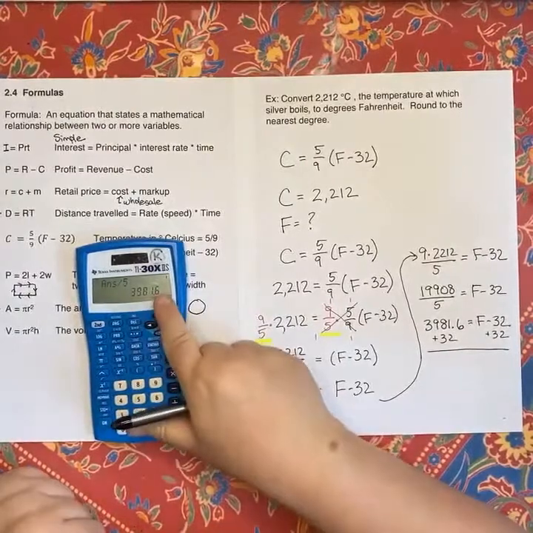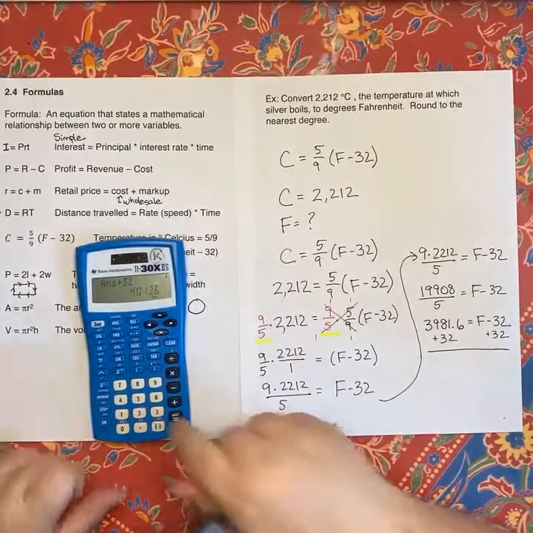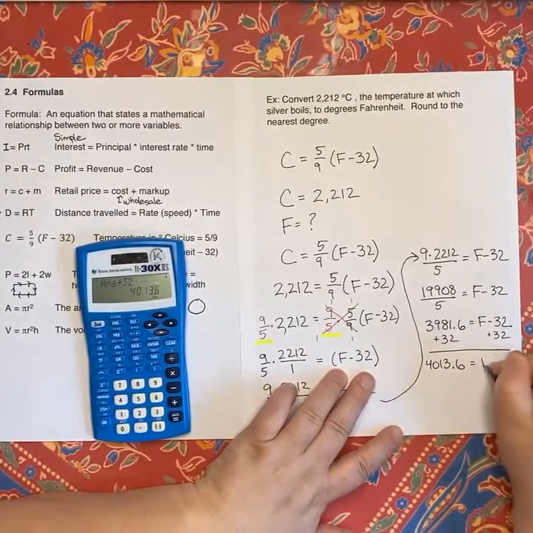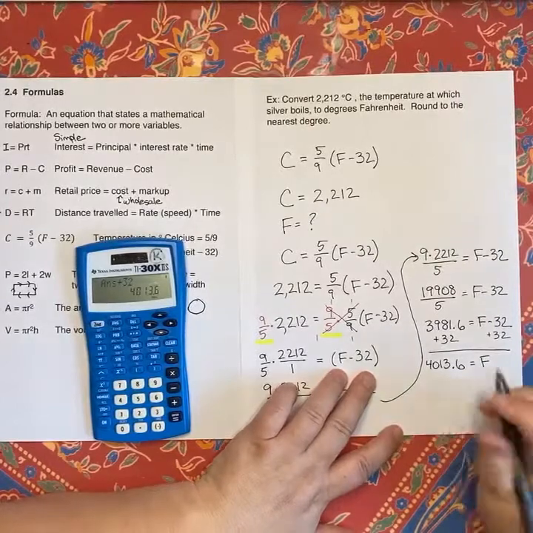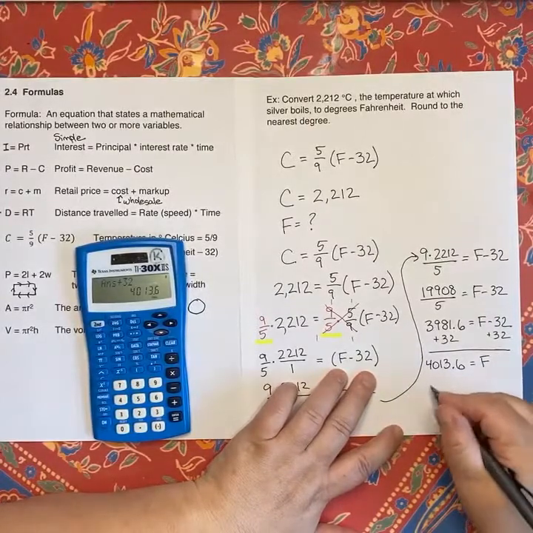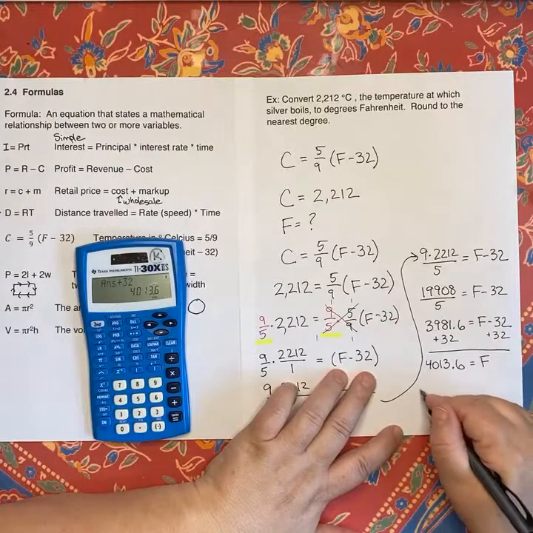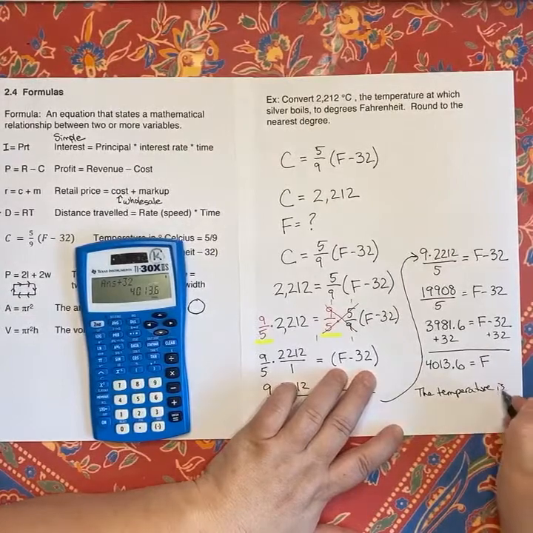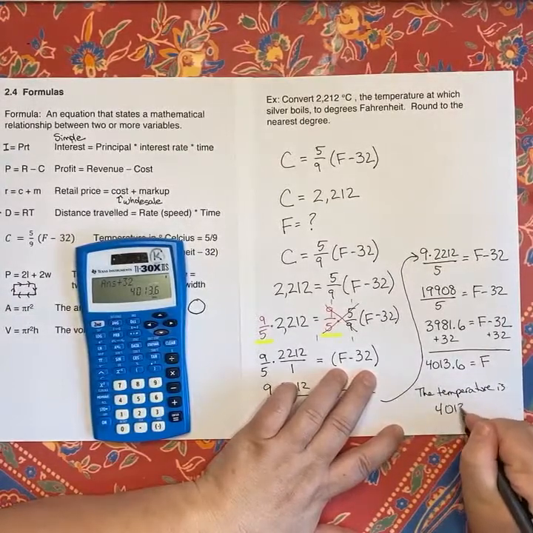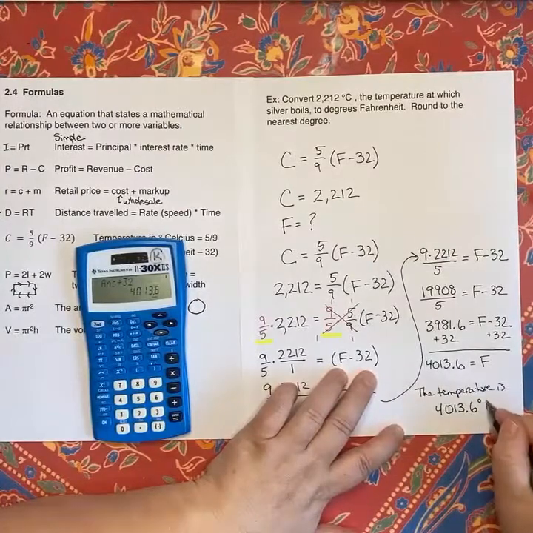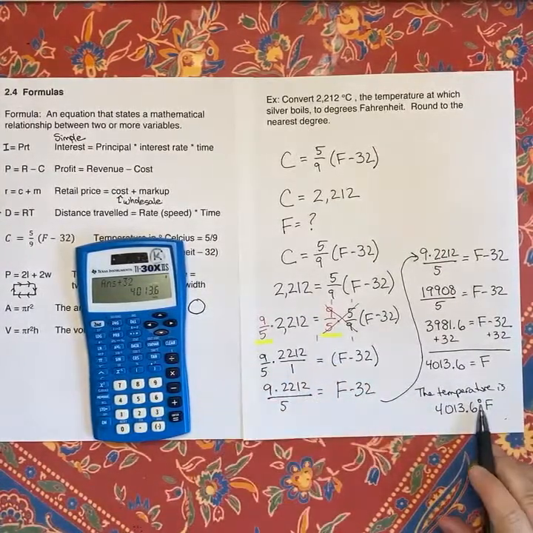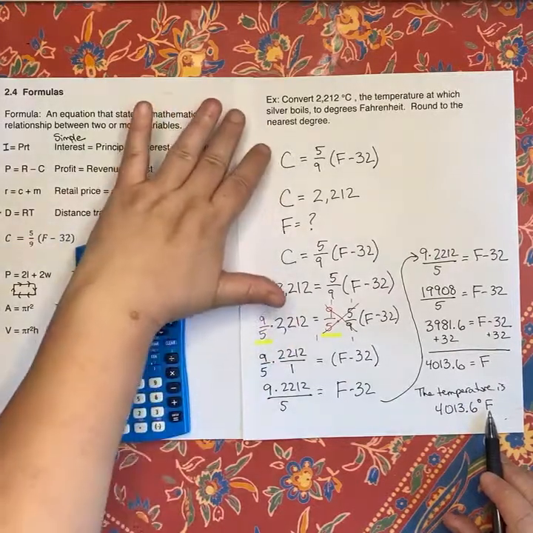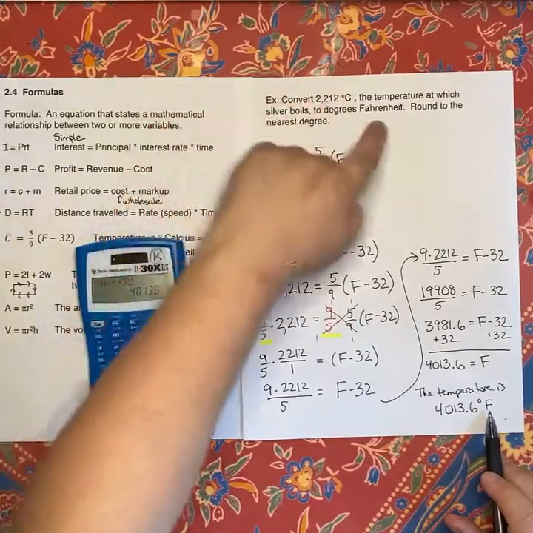It's still on my calculator, so I'm just going to add 32, and I'm going to get 4013.6 equals F. So the degrees Fahrenheit, the temperature is 4013.6 degrees Fahrenheit. Now, the degrees is technically the unit, but you should specify it's degrees Fahrenheit since we're working both with Celsius and with Fahrenheit.